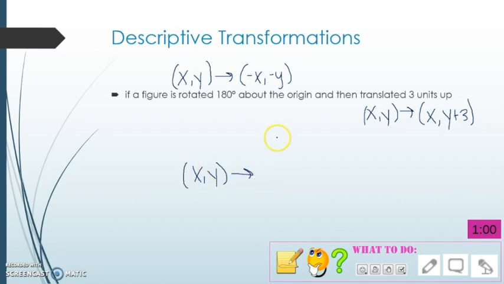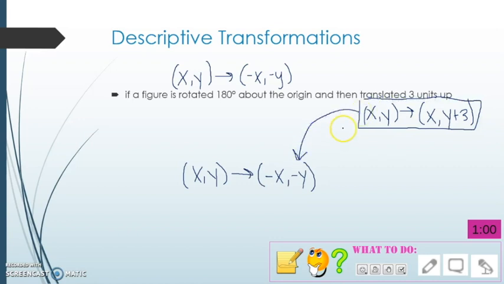So we need to apply both of these rules together to write one new mapping rule that shows both of those transformations. Essentially we can start with the negative x, negative y. But then we need to apply this rule to this step here. Okay? So since I know that if I take my original x, it doesn't change, in this case my original x is going to be negative x.